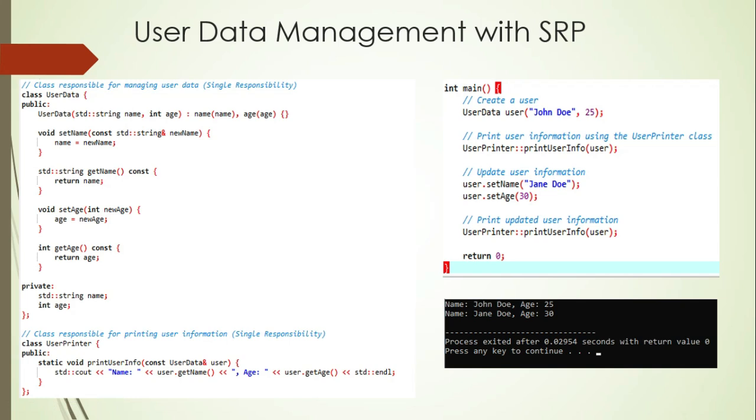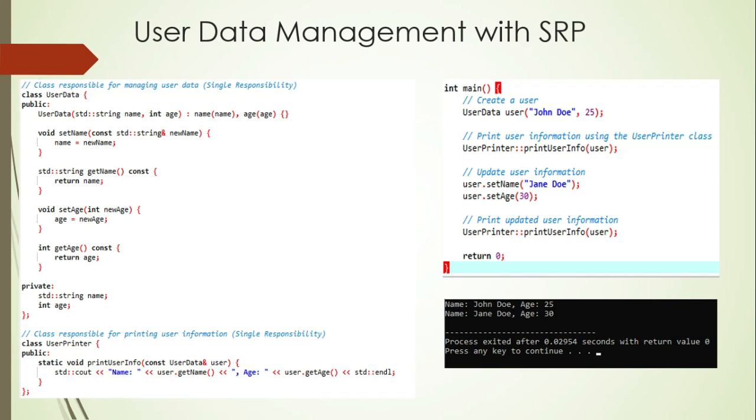So I have explained each and every line of the code, but the main thing you must understand is the purpose of this code. To understand SRP, we have two different classes, and these two classes are interrelated. We need the UserData class in the UserPrinter class, but the roles are defined separately.